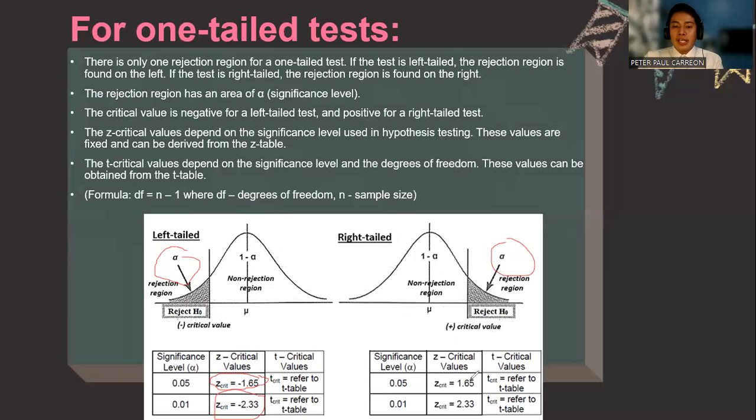For the right-tailed test, the corresponding critical values are 1.65 and 2.33, respectively. Of course, you will also follow the T table for the T critical values, and always remember the degrees of freedom, n minus 1.